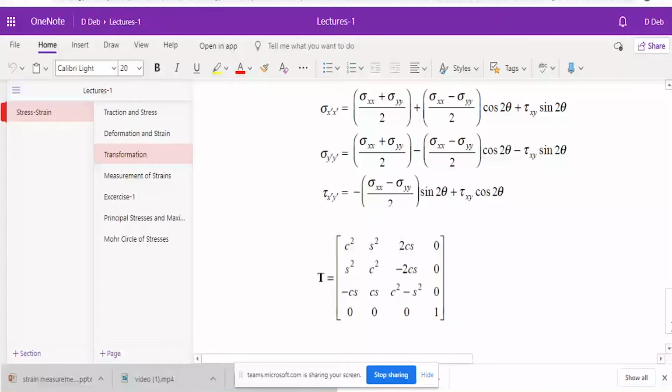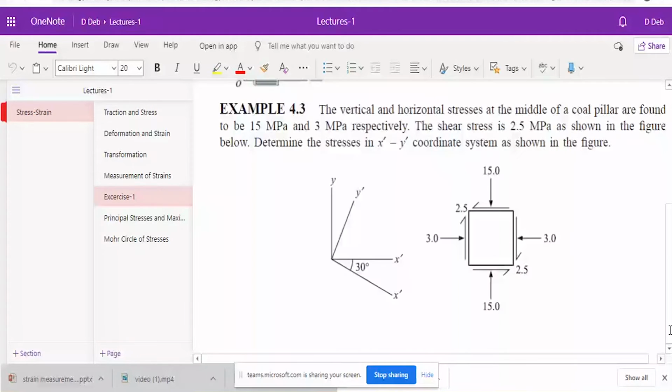So now, if you have not copied the values, just copy them and do it. 15 MPa is sigma YY, you can write it down on your paper. 3 MPa is sigma XX. Both are positive because we are showing compression.